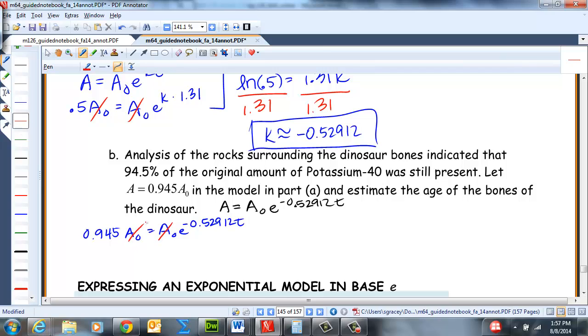And the A0s divide out, so we're going to have 0.945 is equal to e to the negative 0.52912 times t.